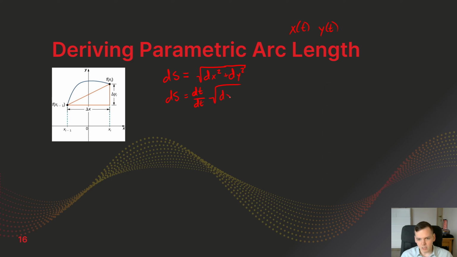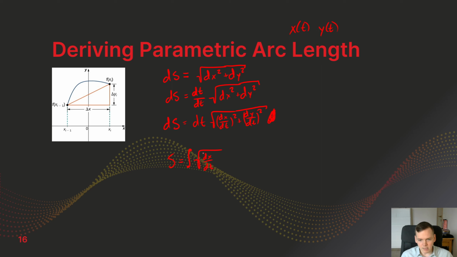Square root of dx squared plus dy squared. And then ds is equal to dt times the square root of dx over dt squared plus dy over dt squared.